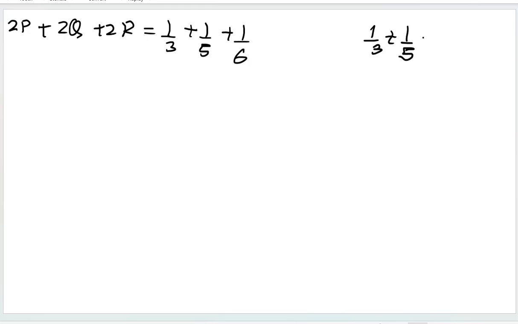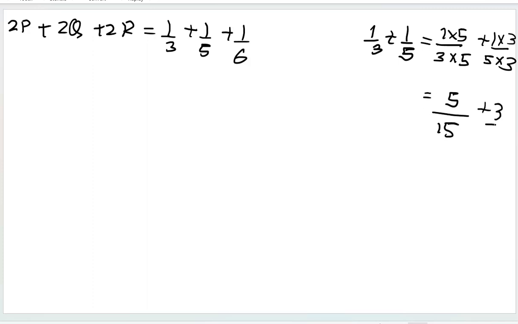I make the base same. 1 upon 5 becomes 3 upon 15, plus 1 upon 3 into 5 upon 5. 1 5 is 5, 5 3s are 15, 3 1s are 3, 5 3s are 15. 5 plus 3 upon 15, I get the answer is 8 upon 15.